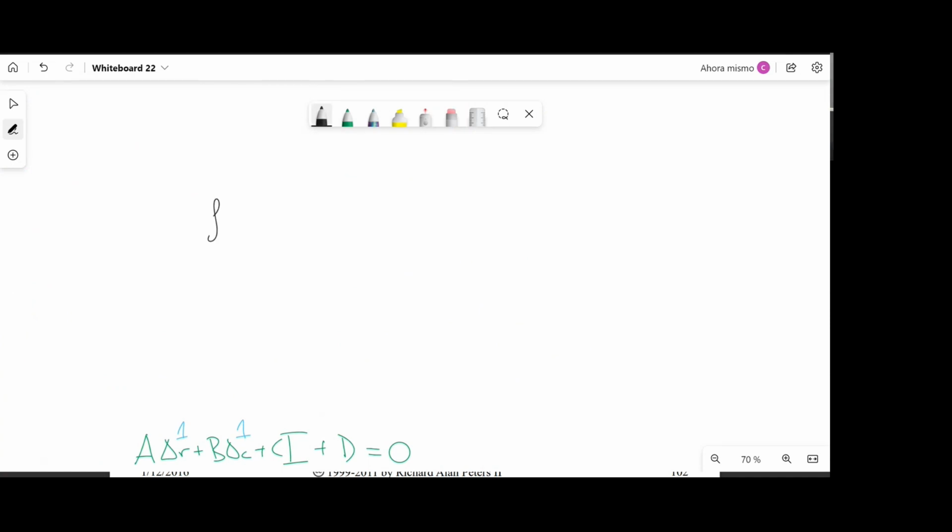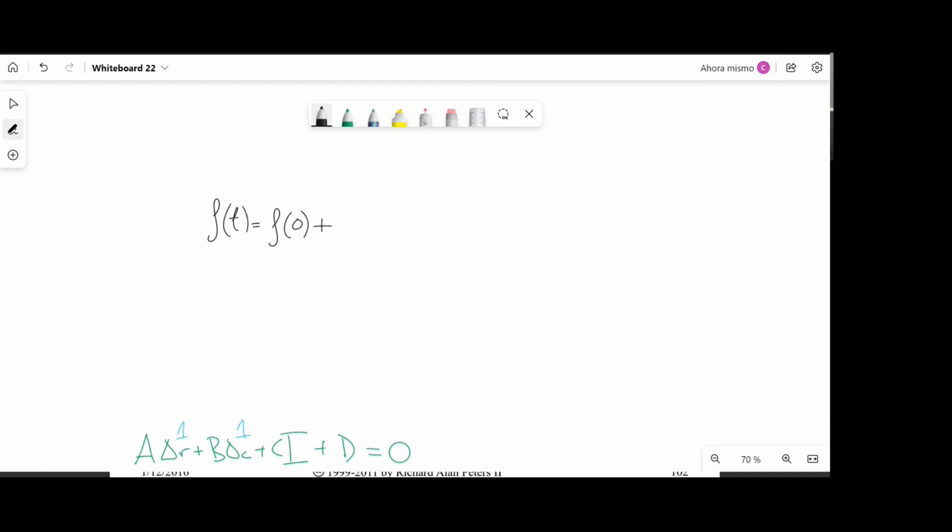So we have a function f of t, and this is f of 0 plus, so let's say that t is close to 0, so it is close to the values that we have.